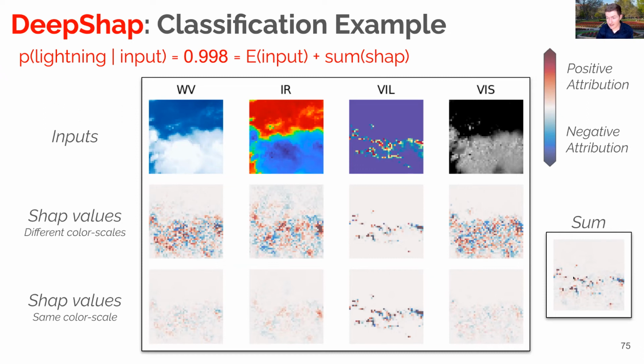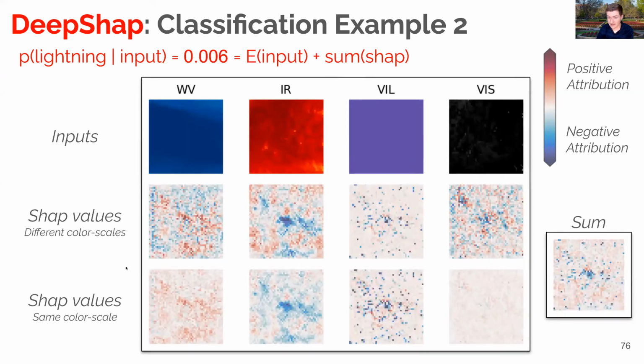The sum across all channels basically shows the VIL field, with some hints that the other fields are somewhat important, but it seems to be mainly relying on the VIL as the prediction skill for this example.